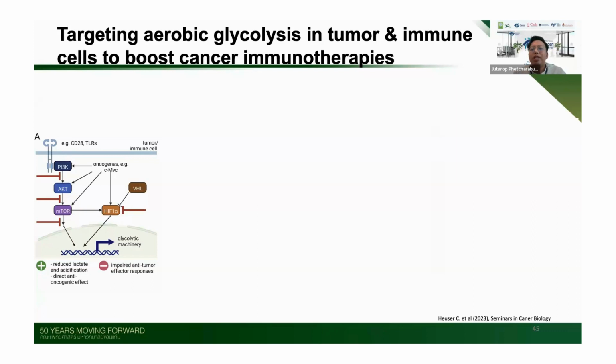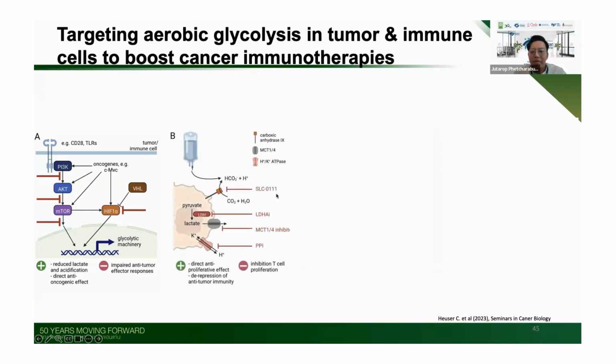And Warburg metabolism is also induced in immune cells in response to pro-inflammatory and costimulatory signals, in this case, the toll-like receptors and CD28, that trigger the PI3K AKT mTOR axis, and thus targeting these pathways unselectively can result in diminished immune anti-tumor effector responses.